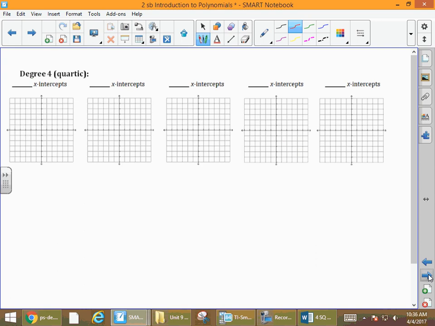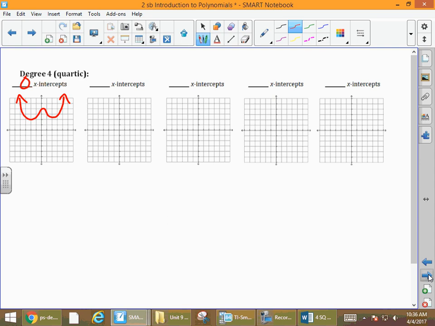Quartic. Whoa. Got a lot of options in the quartic. But you probably have seen kind of a pattern. The question is, can we draw a quartic with 0 x-intercepts? And in fact, again, referring back to yesterday, we had a picture on our activity that looks somewhat like that.